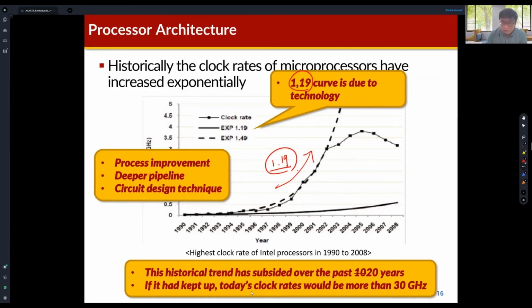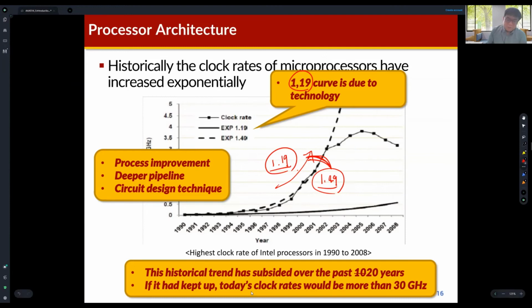But as you can see, the computer processors were achieving 1.49 exponential factors in their clock frequencies. So 1.49 is better than 1.19.